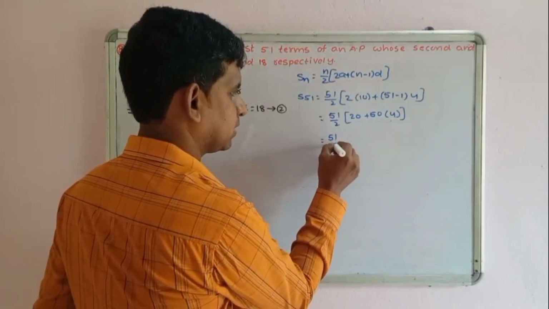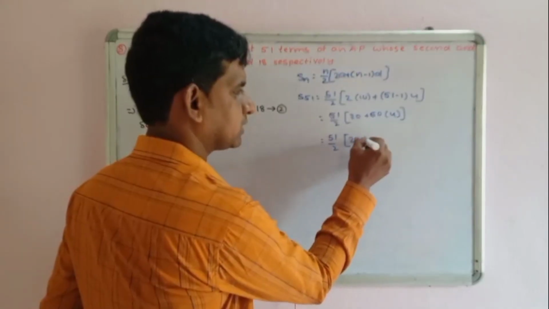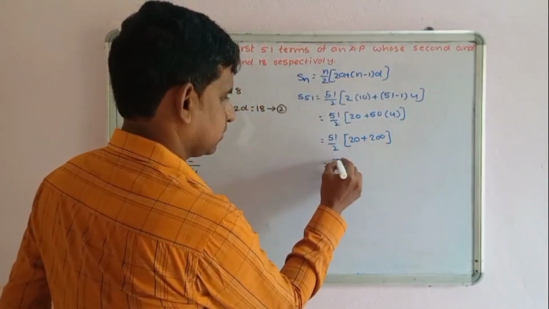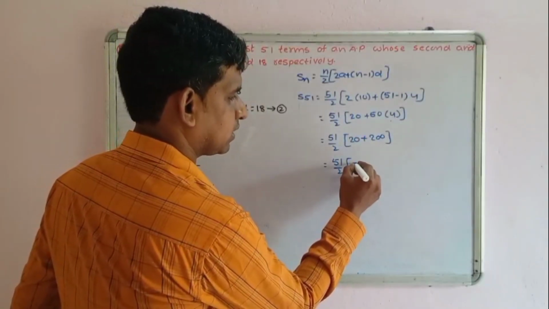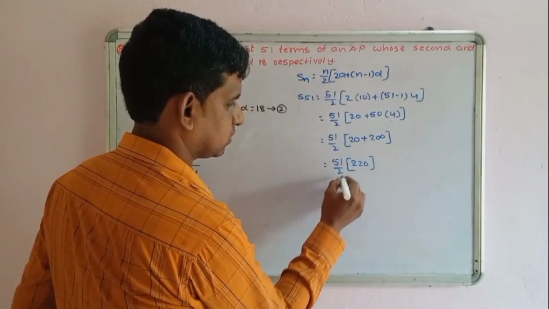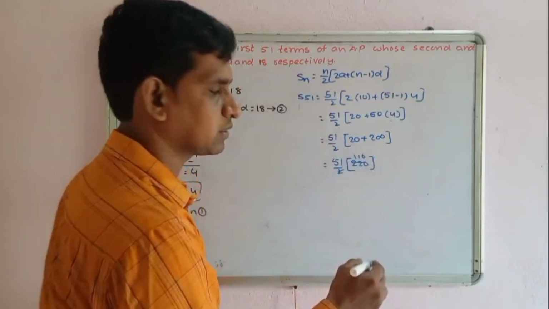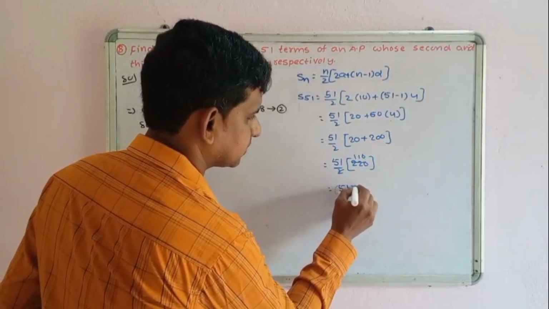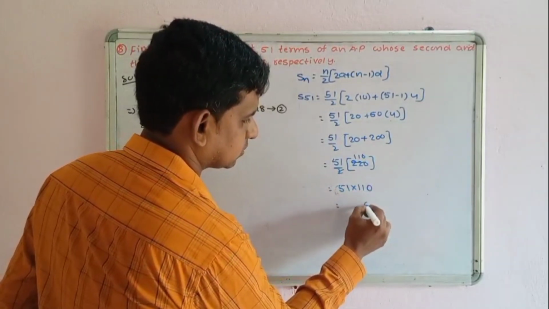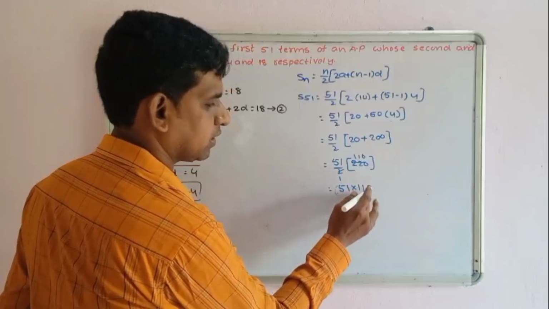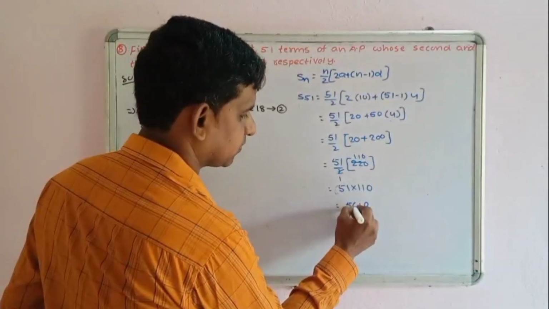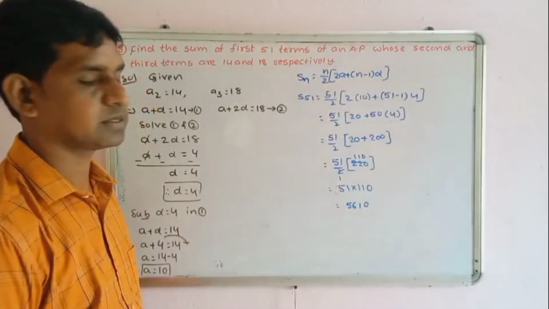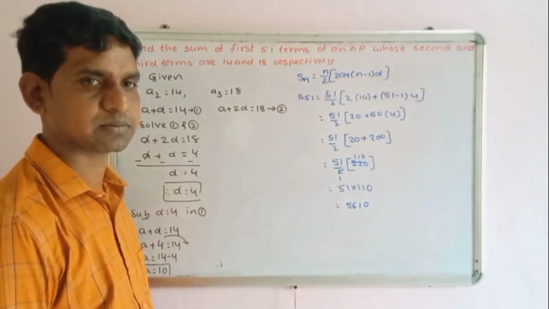So 51 by 2 into 20 plus 200. 51 by 2, 20 plus 200 is 220. So 2 how many times? 110 times. So 51 multiplied with 110. So 0, 11 1 is 11, 11 5 is 55 plus 1, 56. So 5610. Sum of S51 terms.